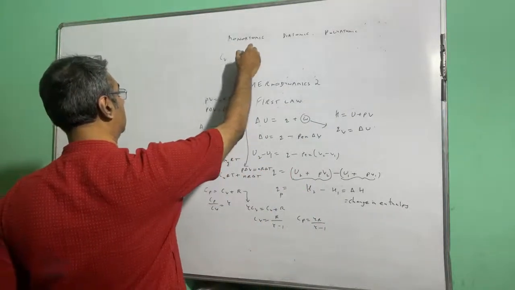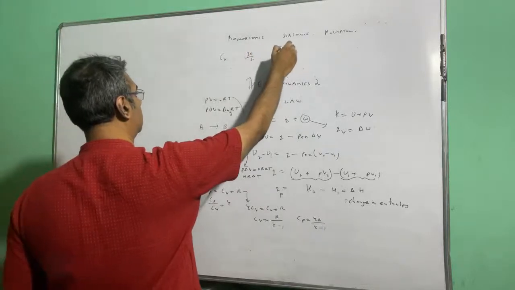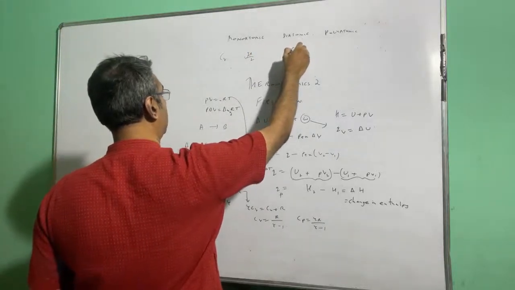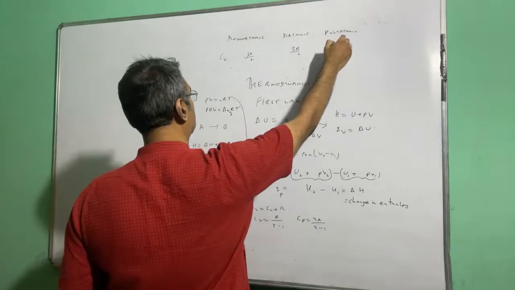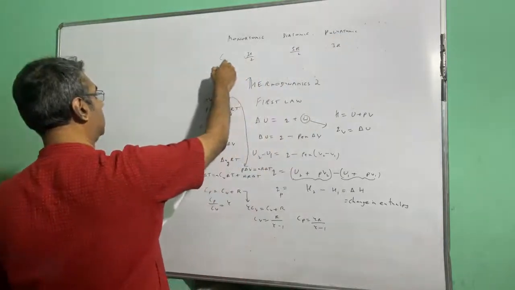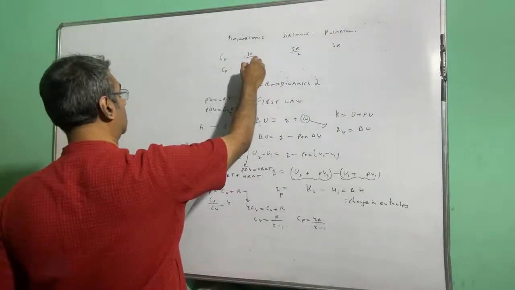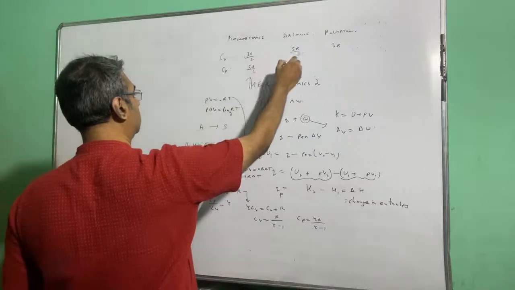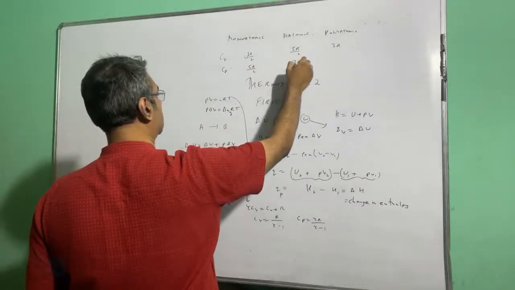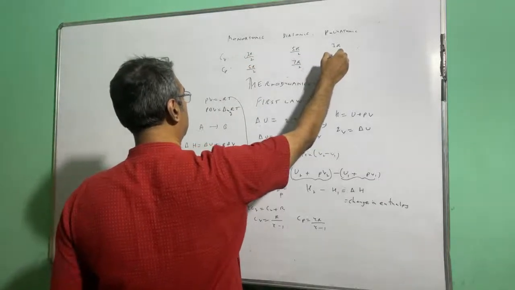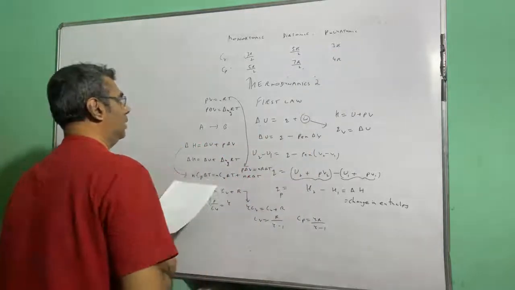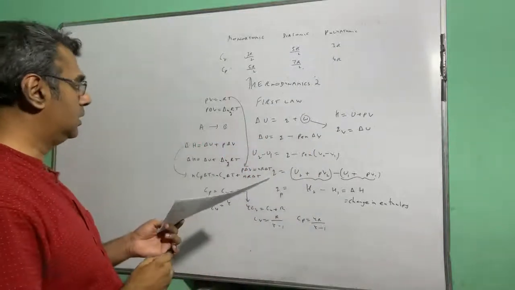So for monoatomic, Cv will be 3R by 2, for diatomic 5R by 2, and for polyatomic it will be 3R. Then Cp will be 5R by 2, this will be 7R by 2, and this will be 4R. So you have to remember these values.